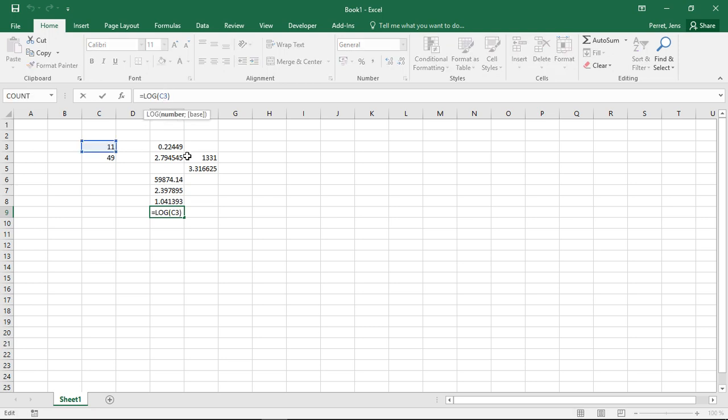Or I can enter any base I want. So if I want the dual logarithm, I simply add a base of 2 and get the result here. That's the most flexible version using log.